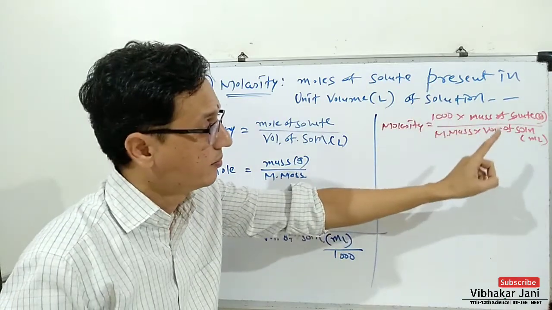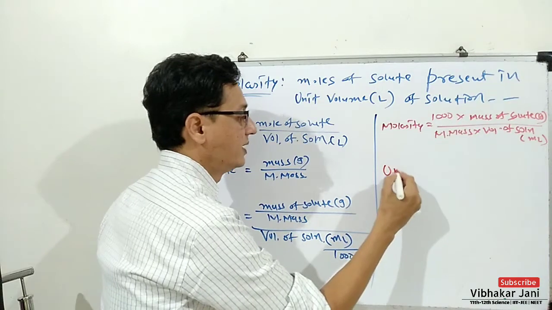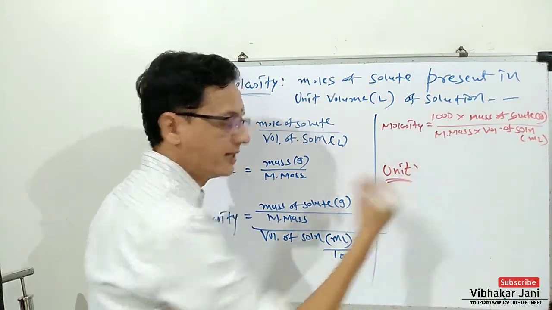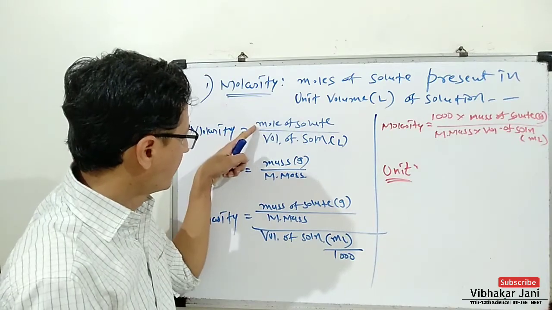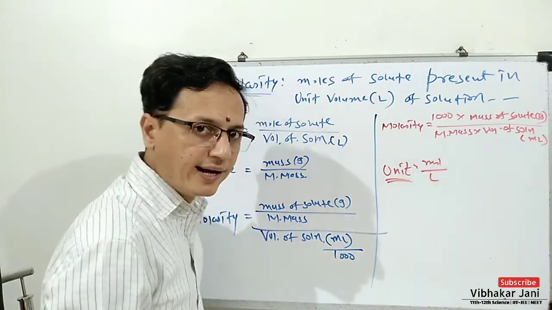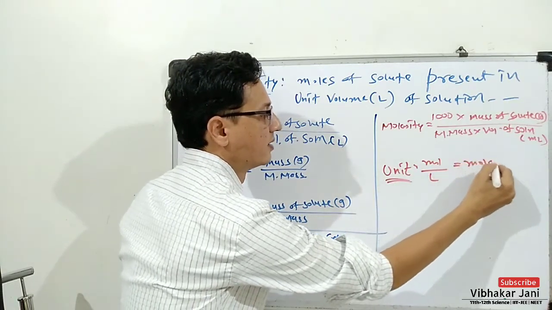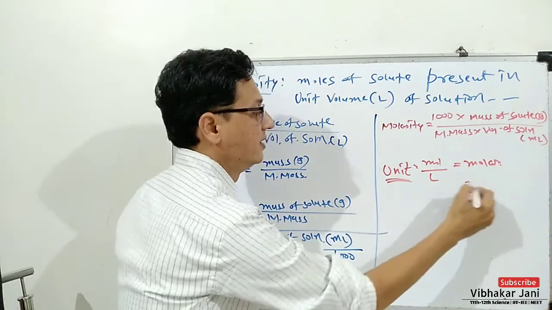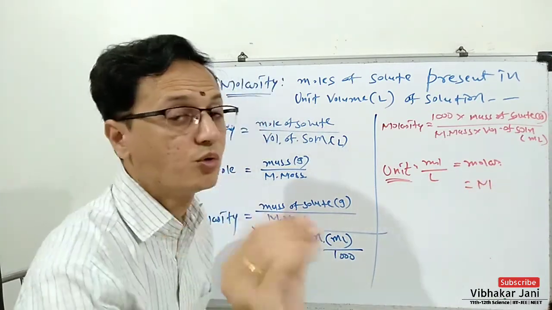And if we write the unit of molarity, then it will be mole per liter, and mole per liter is also called molar, and it is denoted as capital M. So capital M means molar.